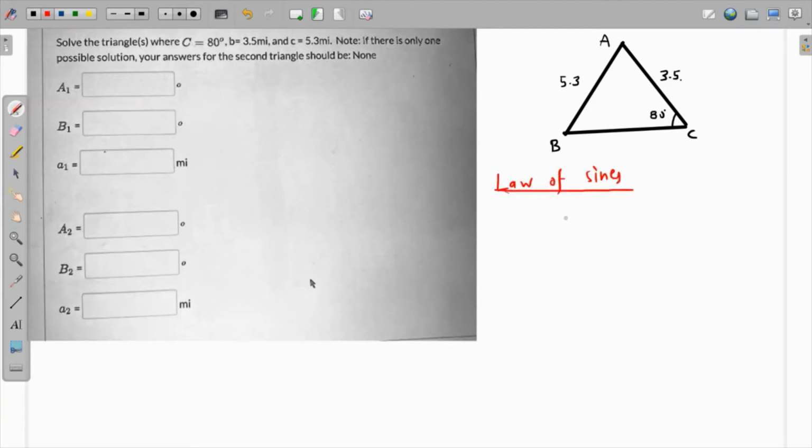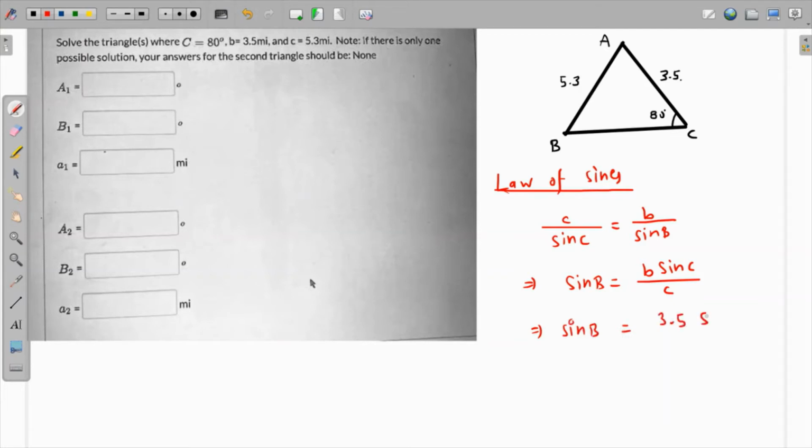The law of sines will be c over sine C is equal to b over sine B. So if we cross multiply, sine of B is going to be small b times sine C over small c. So the value of sine B is going to be side B, 3.5, times sine of angle C, 80, over side C, 5.3.